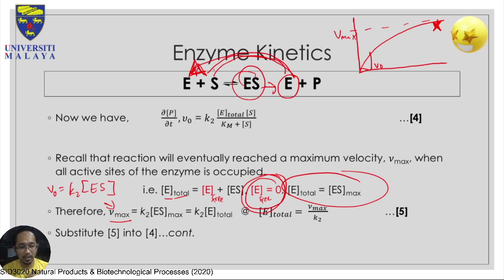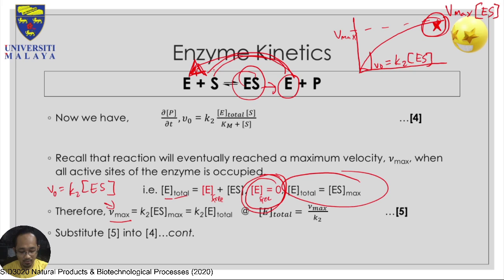So now we are looking at two different locations. Over here at the top is Vmax, down here is V naught. K2 times the enzyme substrate complex, and over here you also have the ES complex, but you assume that at Vmax all the enzyme is already forming the enzyme substrate complex.